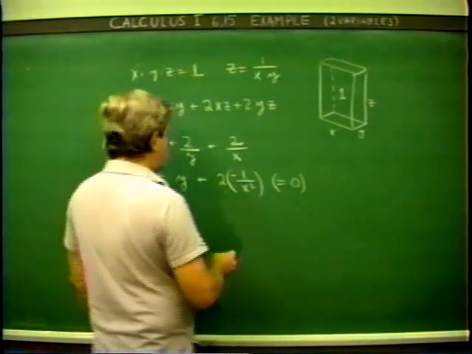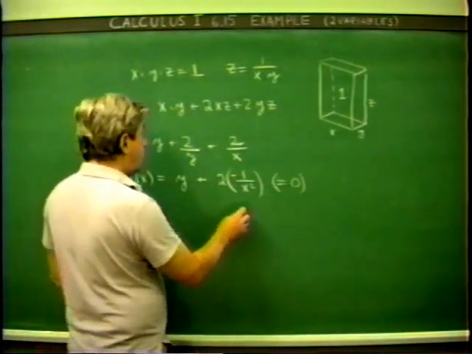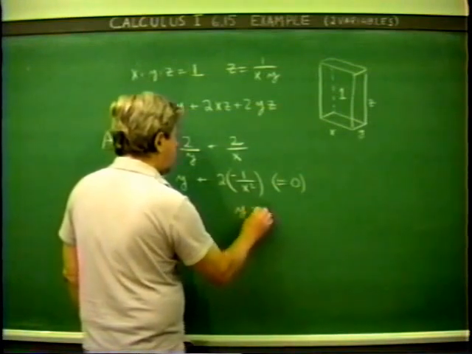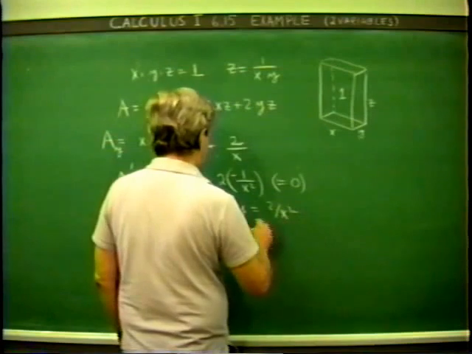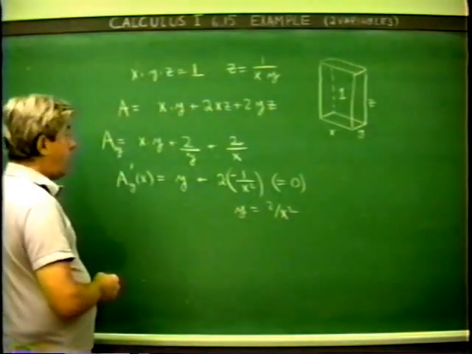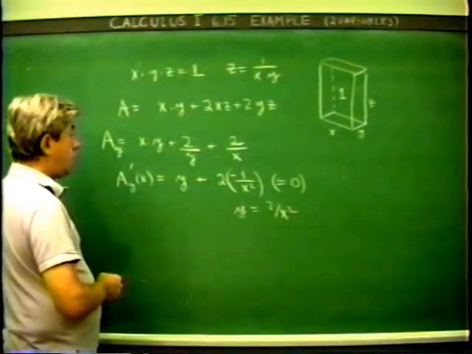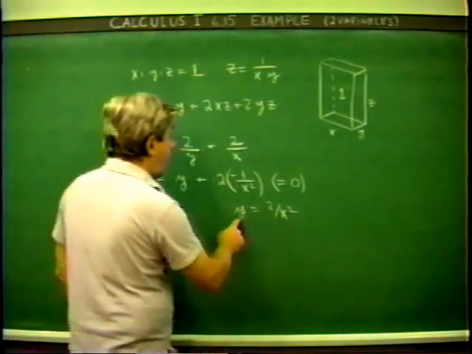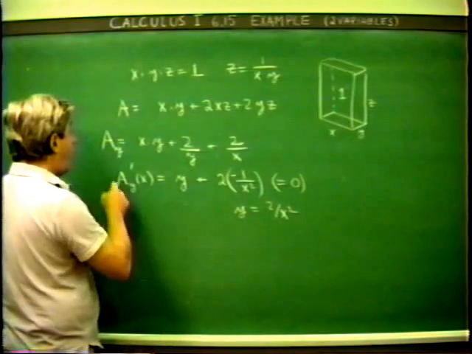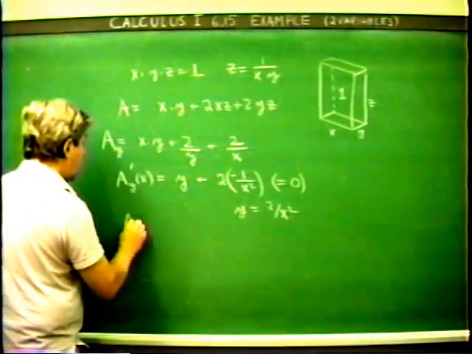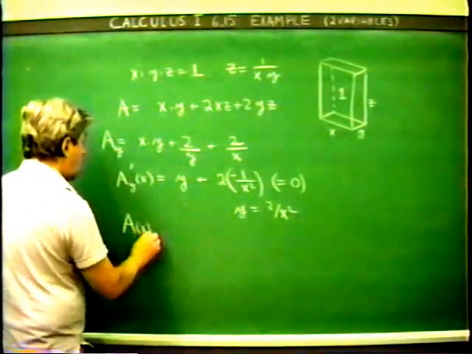All right, x to the minus 1, the derivative is minus x to the minus 2. So we want to know when this is equal to 0. All right, and it's going to be equal to 0 when y equals 2 over x squared.